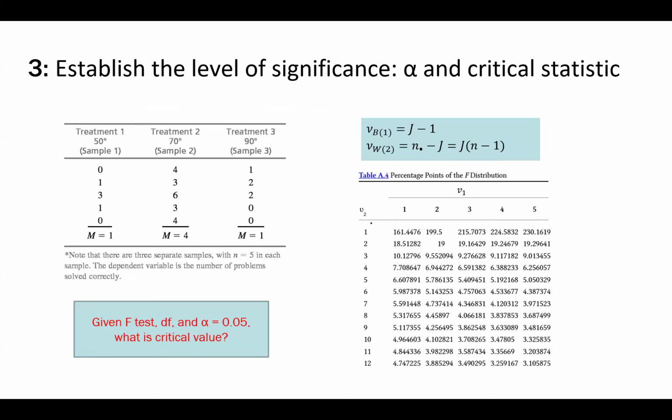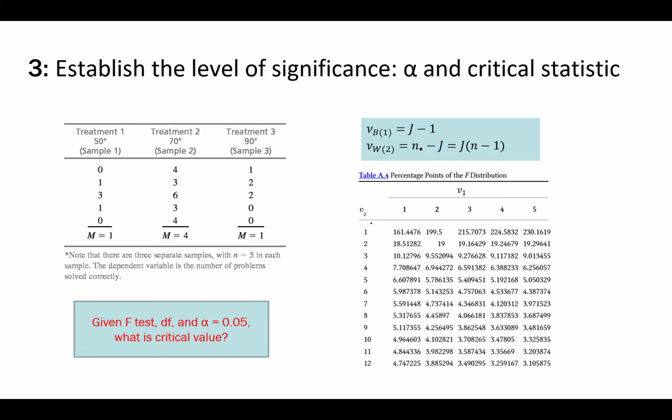The only unique piece of information not otherwise found was that the assumptions have been met. I'm also going to state it as a given that alpha is 0.05. But to find the critical value, we have to use the F table or an F critical calculator online.